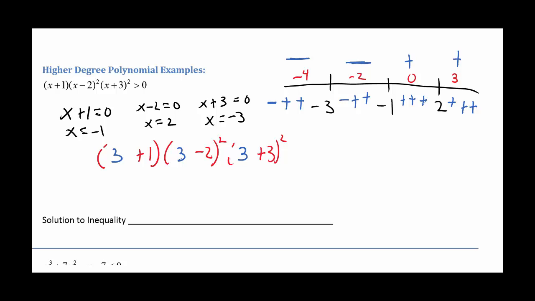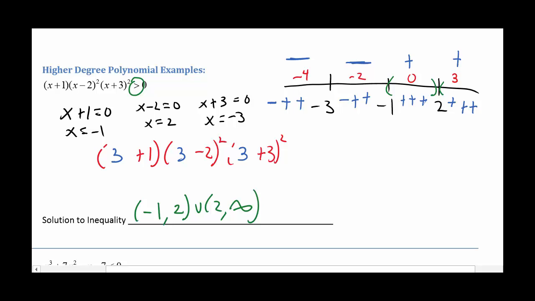What do we care about in this? I'm looking for positive numbers. And I see that I get positive numbers when I am bigger than -1 up to 2 and bigger than 2. So that's what I want to write out. So -1 up till 2 union 2 up to infinity.